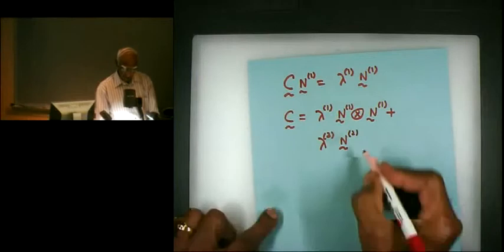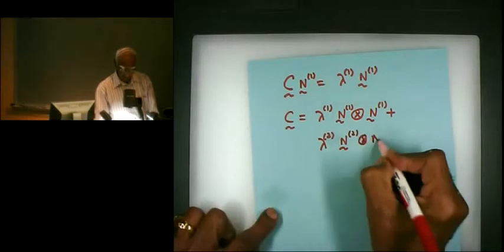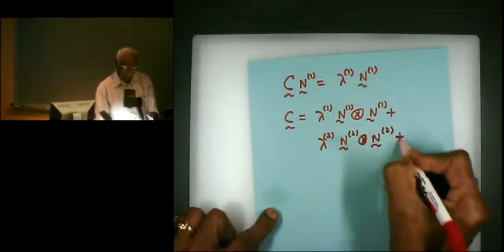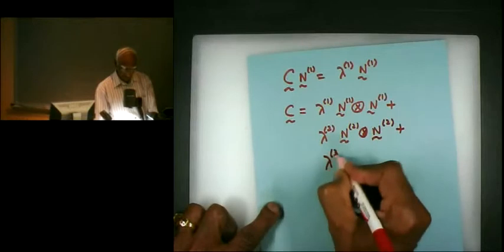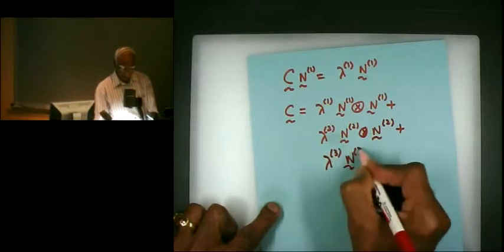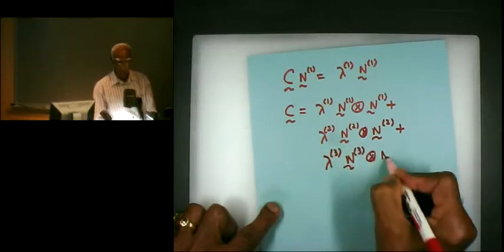Okay, so it's tensor product n2 plus lambda 3 n3 tensor product n3. So no matter what software you take, for a given C, it should give you the eigenvalues and the eigenvectors.